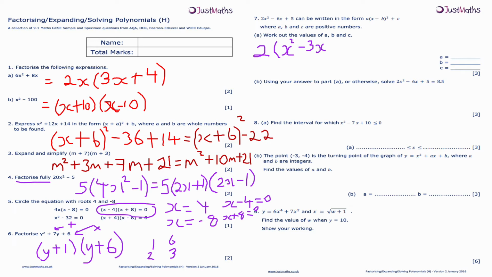So I'm going to have 2 brackets and then another bracket, so it's still double brackets. x minus half of the coefficient of x, so x minus 3 over 2, all squared, minus 9 quarters, so minus the square of 3 over 2.